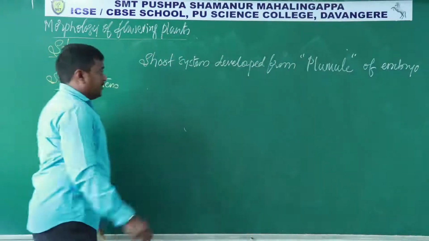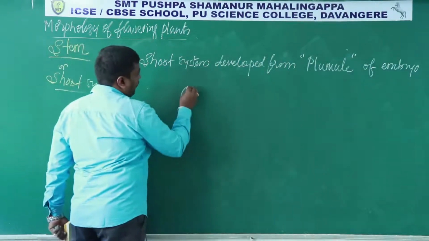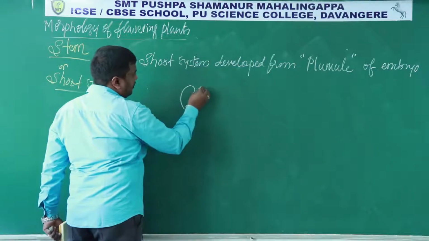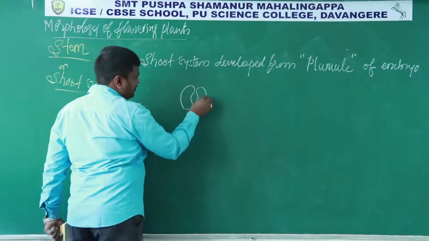Okay, so embryodalliro plumule part in the shoot system develop ಆಗುತ್ತೆ. So we already discussed it.